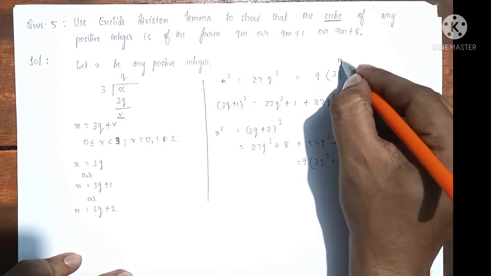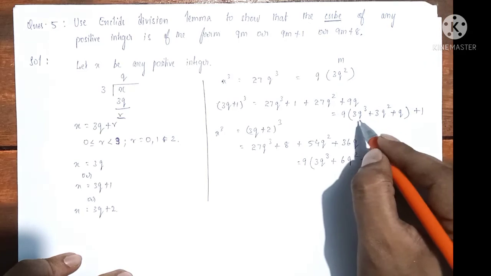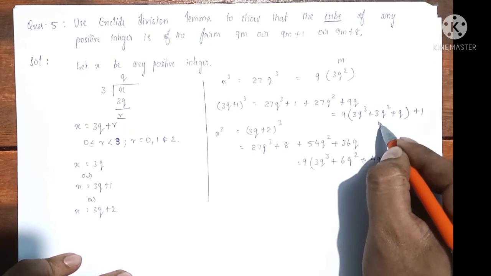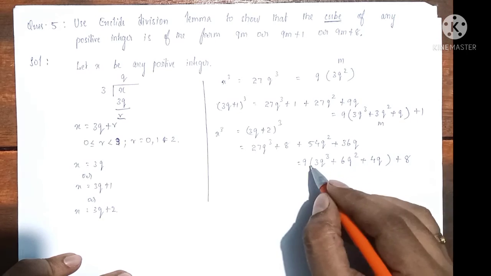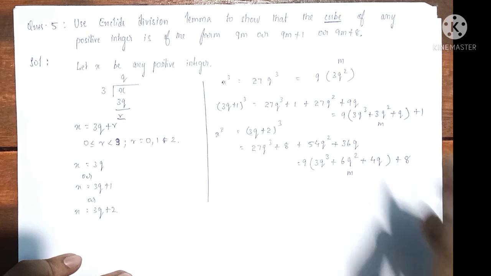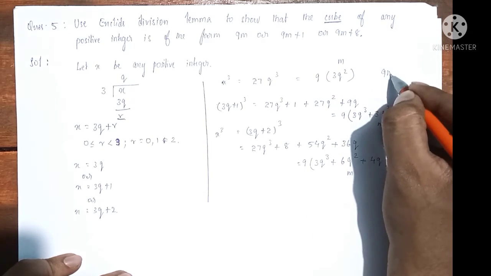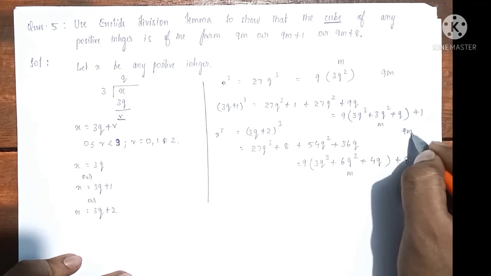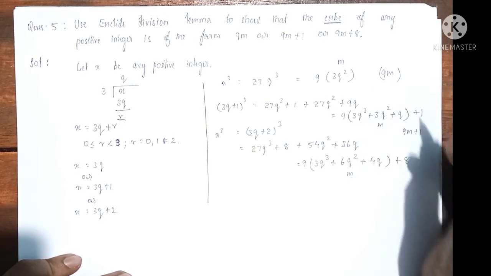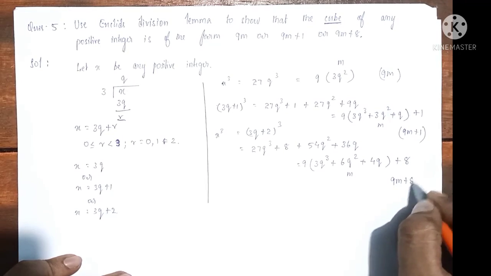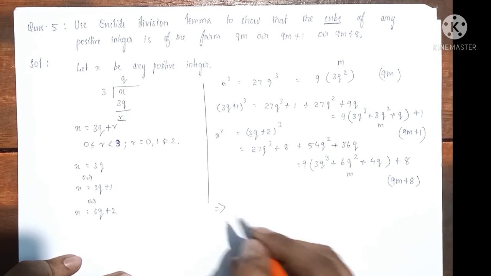Any value of q will give an integer here, so let's consider this as an integer m. Even here, any value of q will give an integer m. Any value of q even here will give us an integer m. So this is in the form 9m, this is in the form 9m plus 1, this is in the form 9m plus 8. Hence proved.